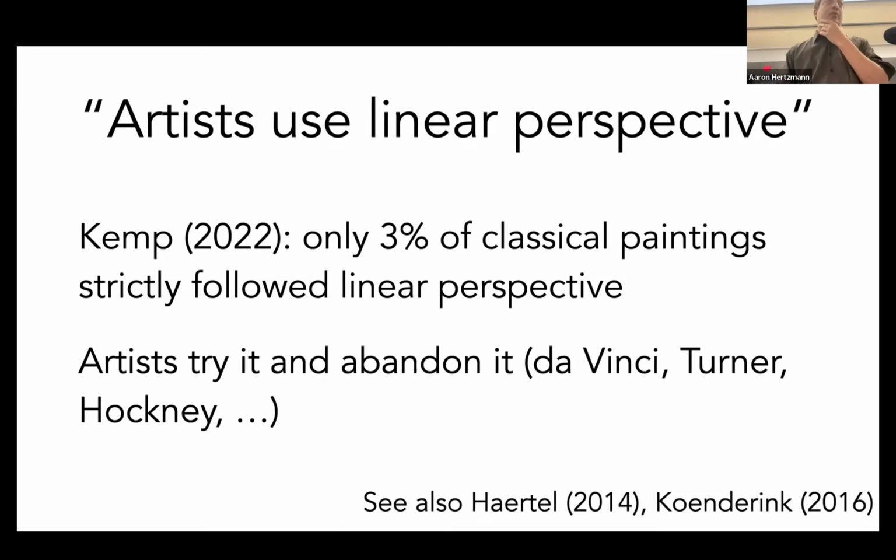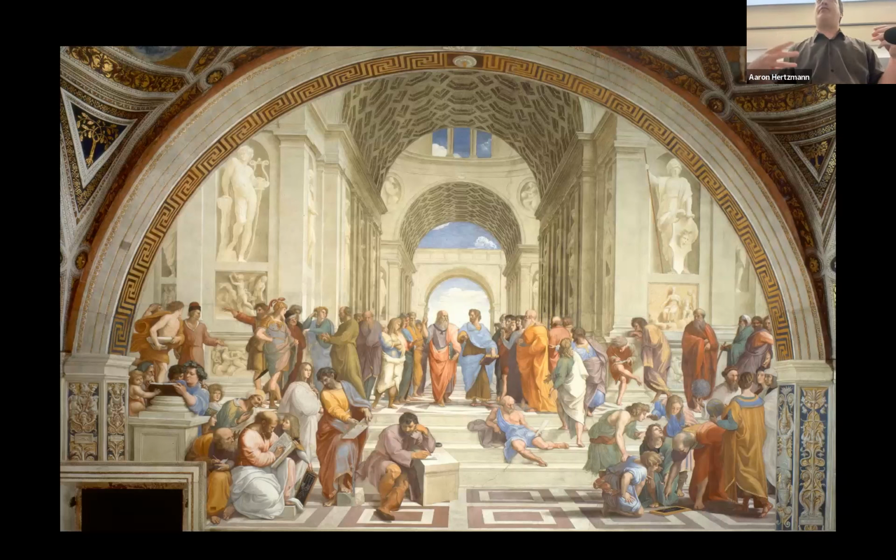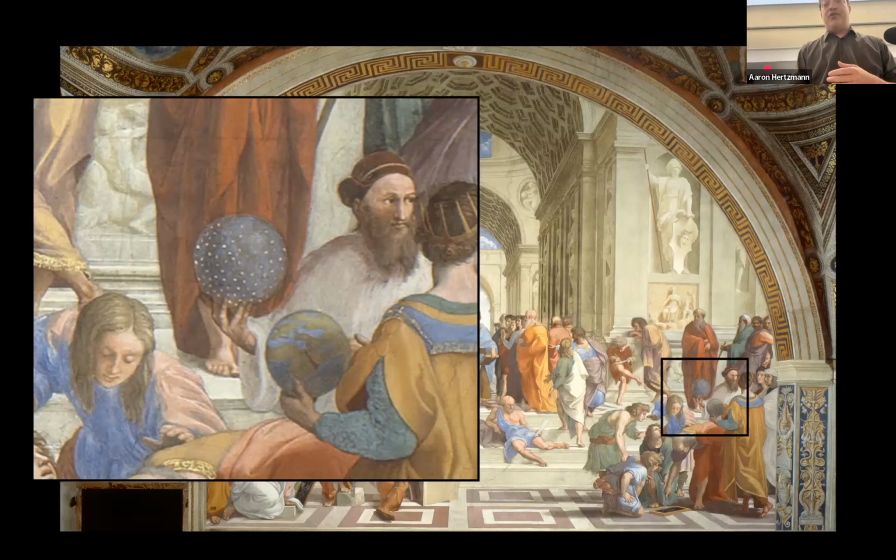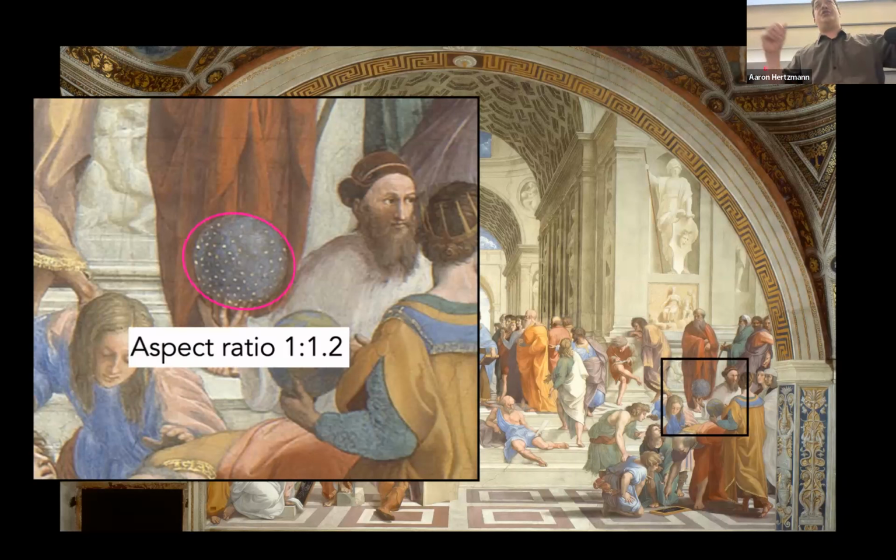And if you start to look at examples and think about them, you can see that actually it's really not widely used. For example, this is a famous example of Raphael's School of Athens, where the architecture follows one point perspective. But if you zoom in on the corners of the picture, according to linear perspective, you would expect these globes, these spheres, to be stretched in image space with an aspect ratio of 1 to 1.2, and they're not.